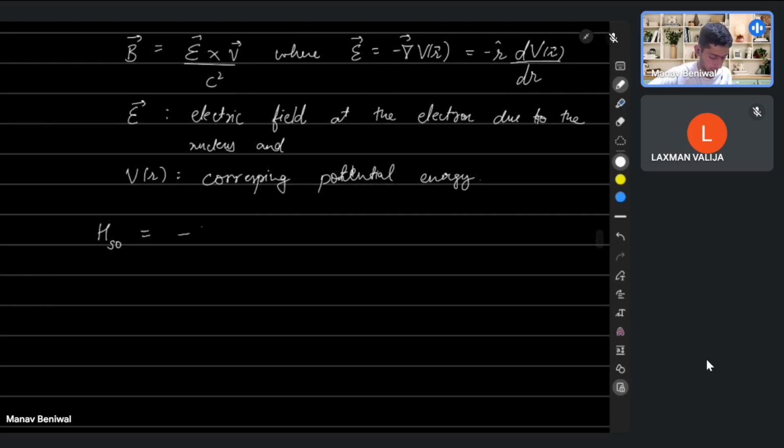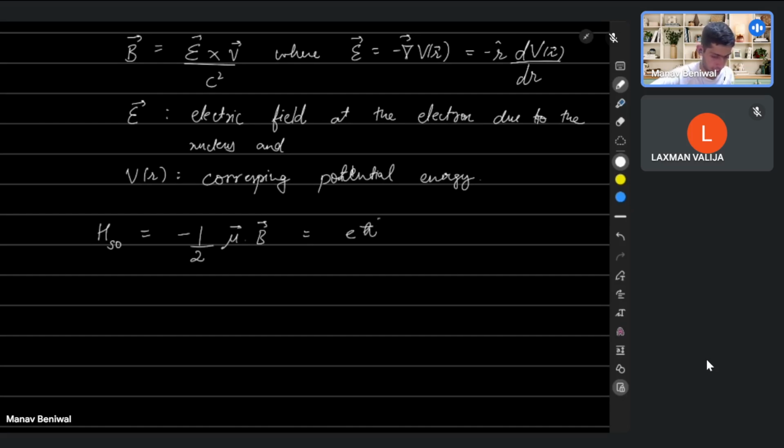So this Hamiltonian will be half mu dot B. Okay? And then we can plug in the values of B and mu.